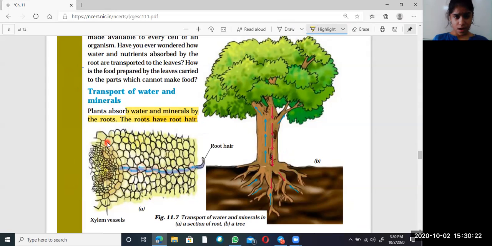See this. What is all of this? It is the tissue. Which tissue? Xylem tissue. You'll be learning about that. Don't worry. It's the xylem tissue that was not visible there. Let me write. Xylem tissue.